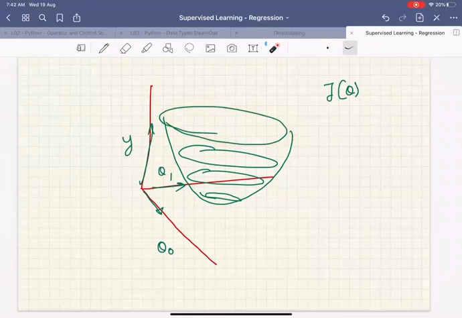That is, when I change theta 0 and theta 1 within this space, my cost remains the same. But I have different costs. So if I come to this circle here, I can change the values of theta 0 and theta 1 so that my cost now becomes lower than the previous value.